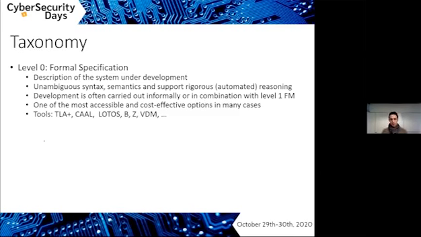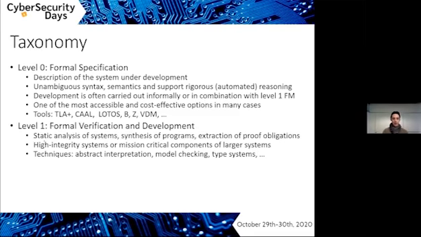And there are many tools backed by industry. One of the main examples is TLA, but there are many more. And jumping to the next level, we're talking about formal verification and formal development. Again, a very huge umbrella. There are many techniques here.